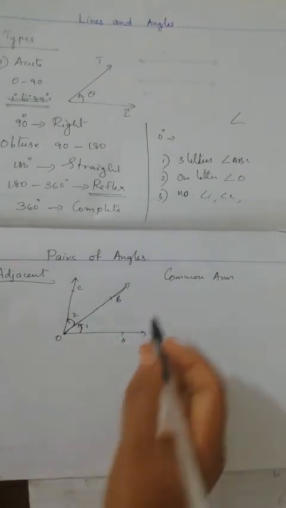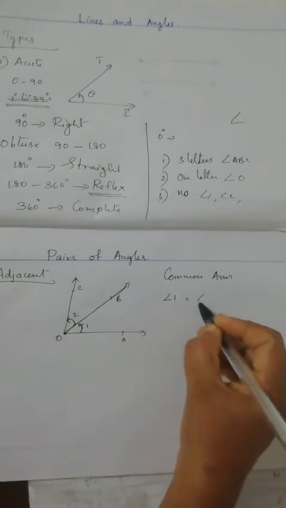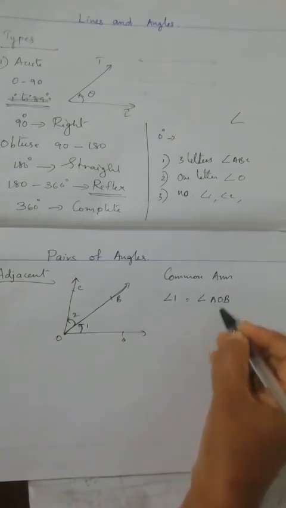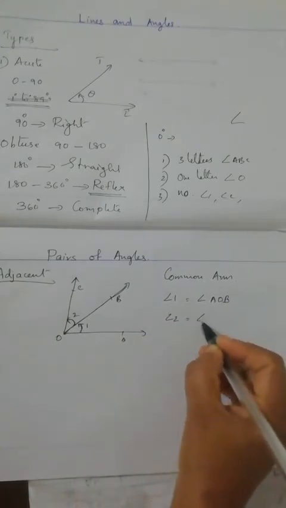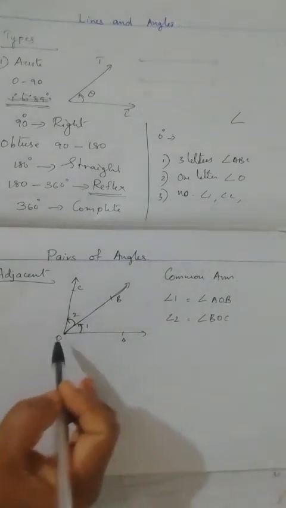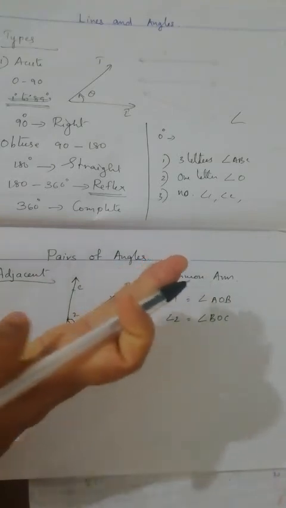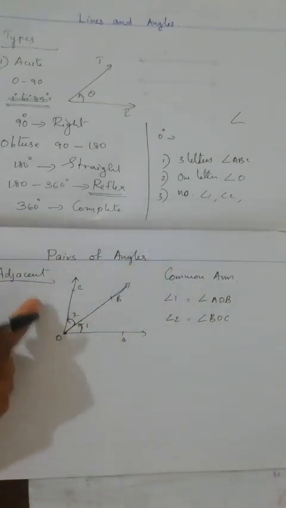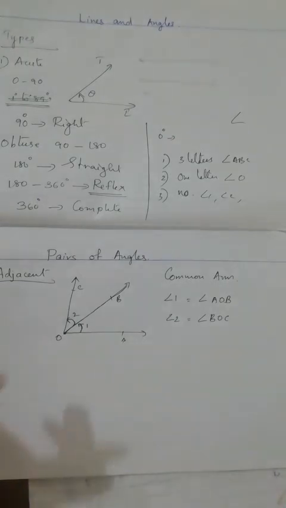Angle 1 is angle AOB. Angle 2 is angle BOC. So you can see the ray OB is common for this angle and this angle, and the vertex O is common for both.